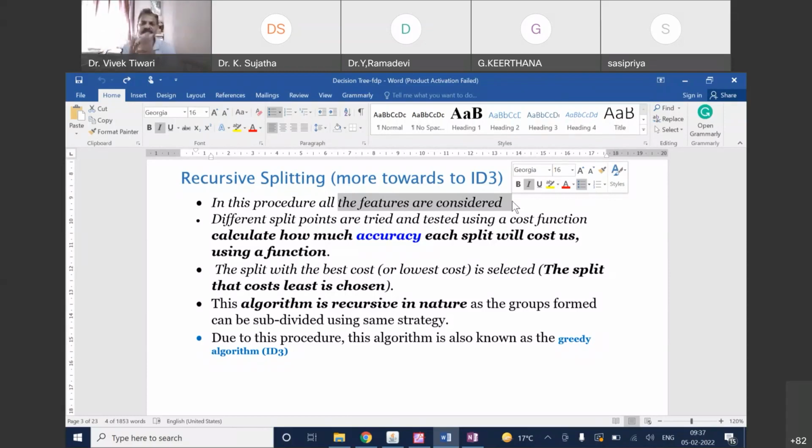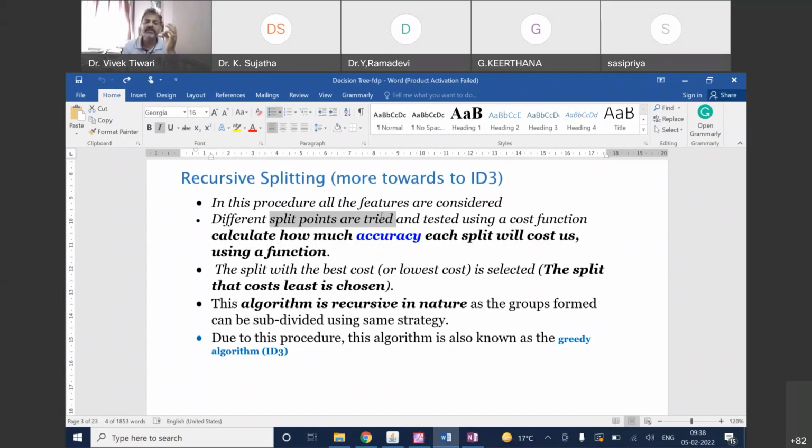Okay, we have considered them, then what? Different split points are tried. Split point means either selecting with age, then selecting with gender, then selecting with marital status. All the splitting possibilities we have to try. So try to understand the complexity of the decision tree, of machine learning, how they work.